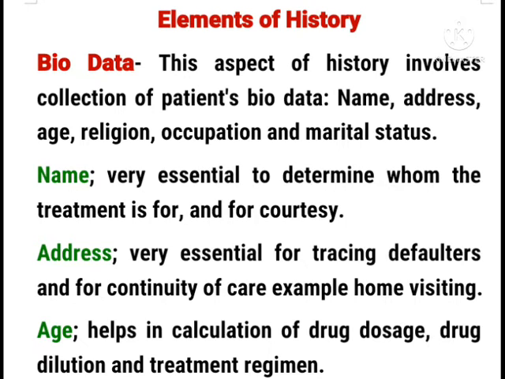Also sickle cell disease: there is SS and SC. SS is specifically for the eastern part of Nigeria, while the middle belt can have SC. So ethnic group also helps in making diagnosis.